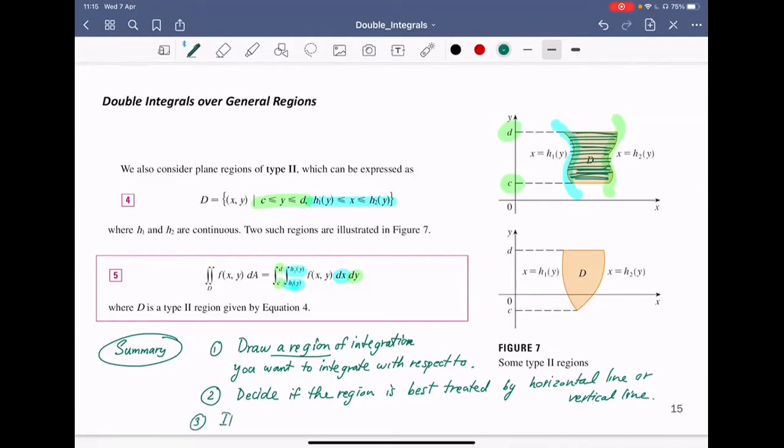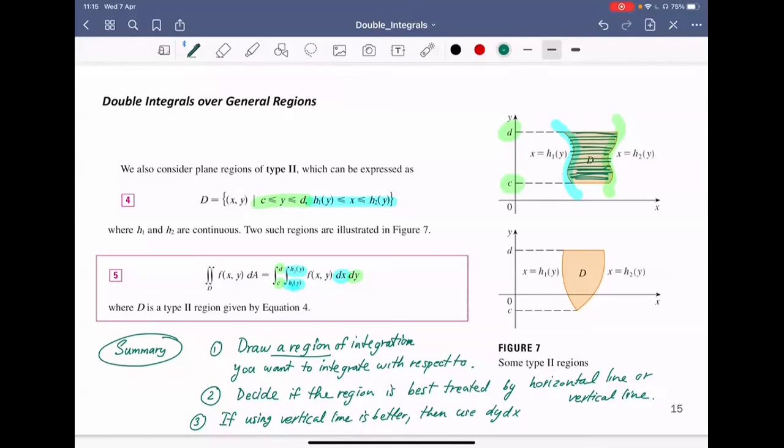Step 3: if using a vertical line is better, then use dy dx. If your area is good when you use the vertical line, that means you should use dy dx.